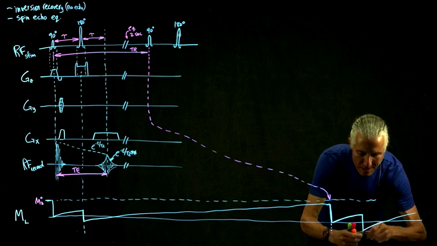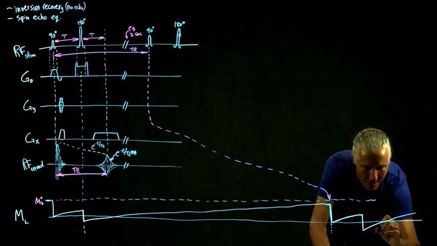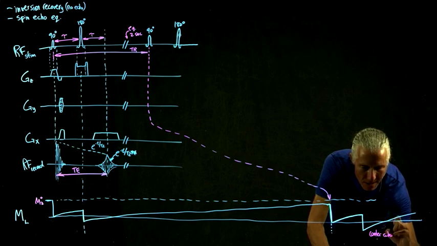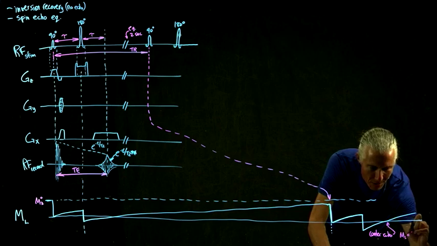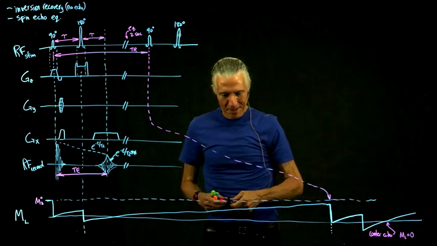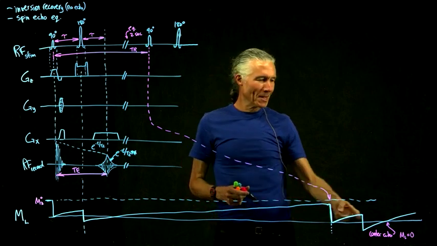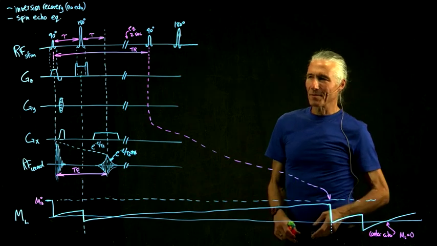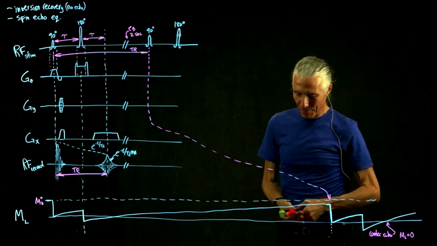So basically, this is the center of the echo. So at the center of the echo, ML equals 0. And so that's what we want. What is the amplitude of that signal after this mess? That's what we're trying to figure out.